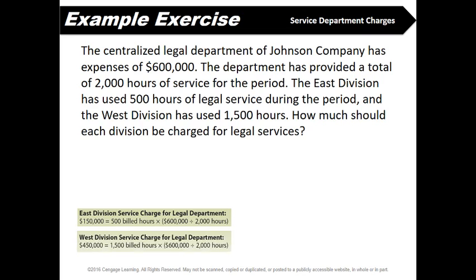We then take that amount, the 600,000 divided by 2,000, which is $300 per hour, and we multiply that by the number of hours billed into each division. That gives us 150,000 for the East, 450,000 for the West.